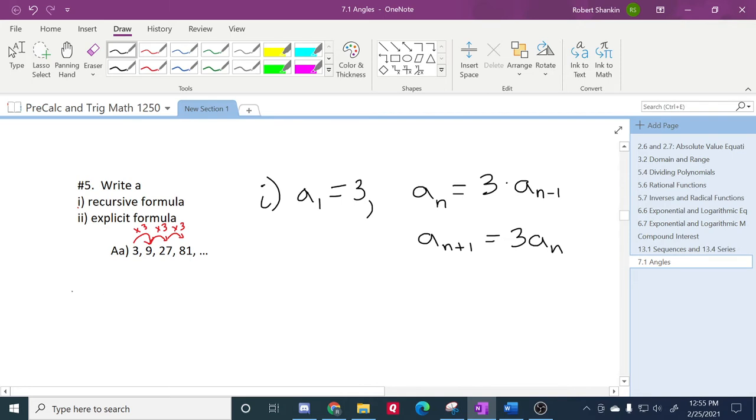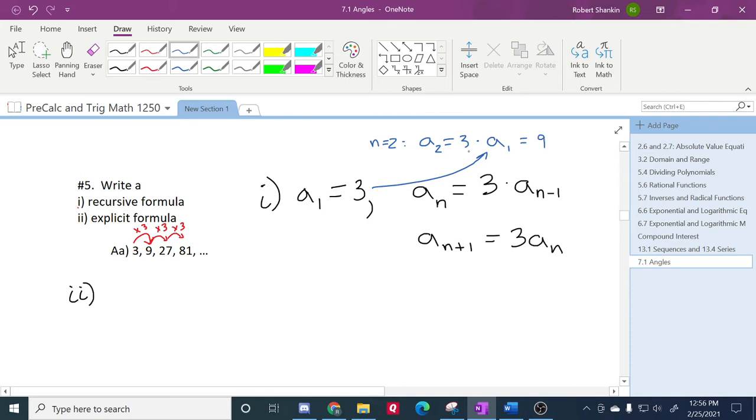There's one question. I'm sorry. With the subscript subtraction, that was one thing I wondered about. It's like n minus 1 or something like that. That was a question I had. Okay, so this, for instance, if we're trying to find a sub 2, so n is 2, and we use this formula, this would tell us a sub 2 is equal to 3 times a sub, now 2 minus 1 is 1, and a sub 1 is this 3.